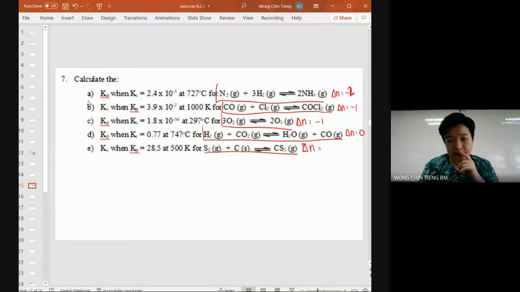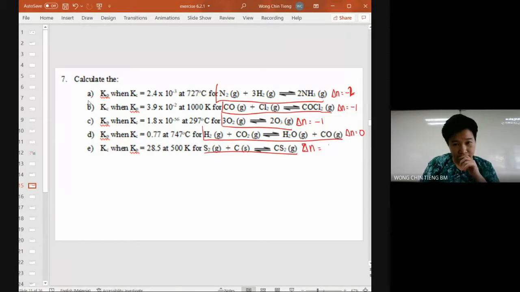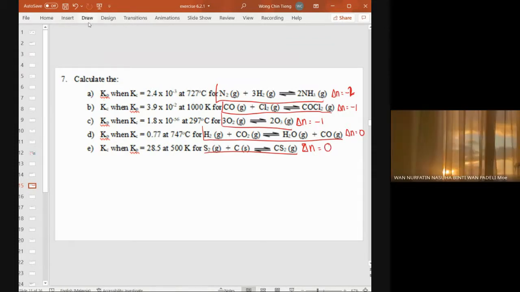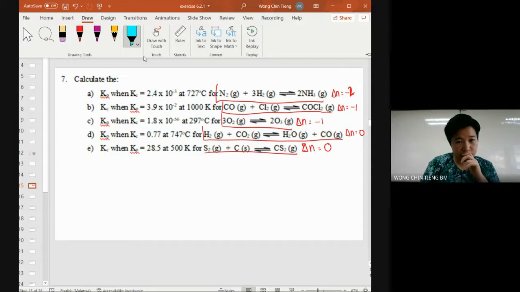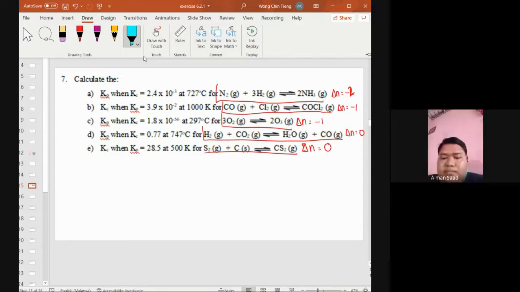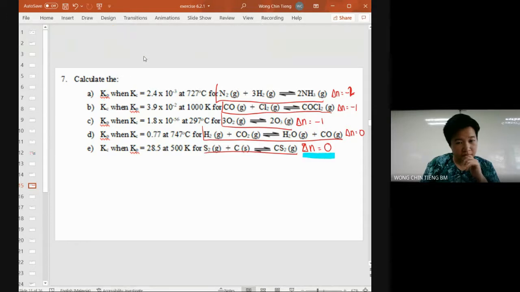Nabil agrees. Fatin says no. Why Fatin? 0. Why 0? Because 1 mole minus 1 mole. Why only 1 minus 1? Not 1 minus 2? 0. Why 0, Aiman? Because CS is the gas.